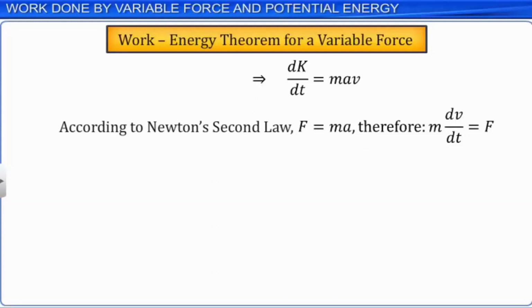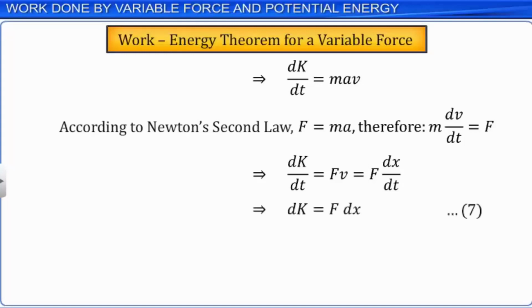Therefore, we get dK by dt equals Fv. Also, the velocity term v in the expression can be represented as the rate of displacement, v equals dx by dt. Hence, we get expression 7 as shown, which is dK equals F dx.